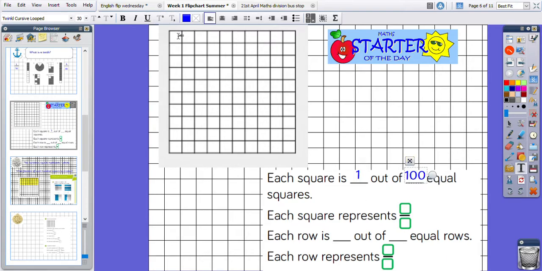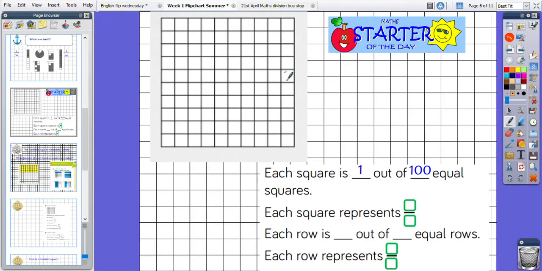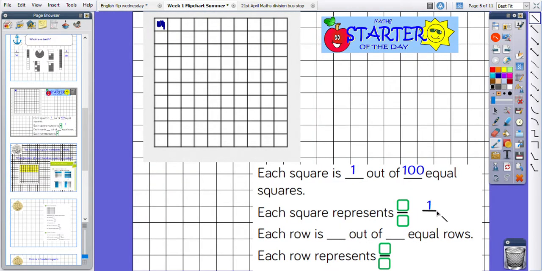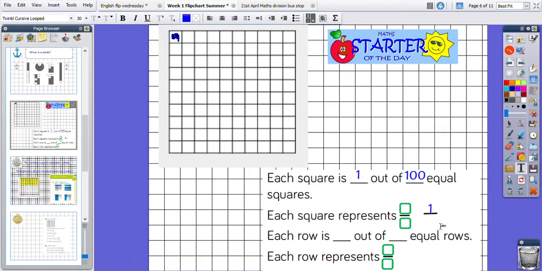So 1 square of this 100 square would represent the fraction 1. What do you think our denominator is going to be? How many parts are there all together?